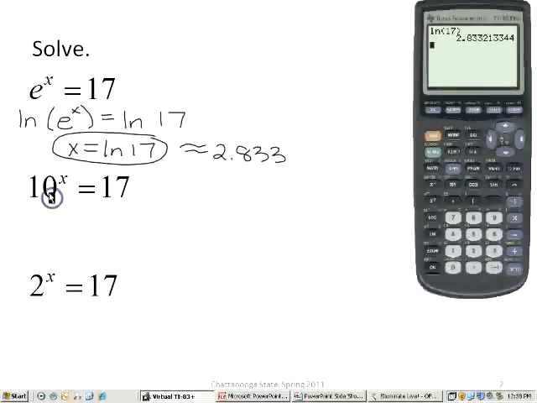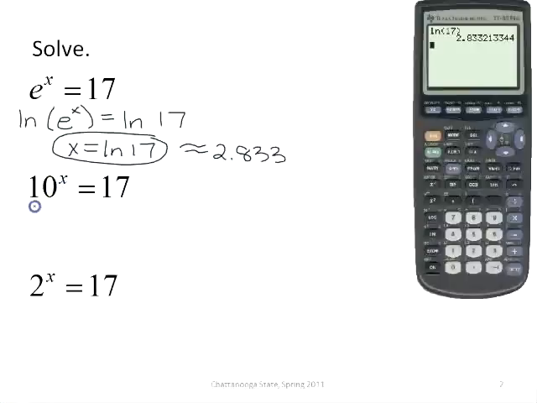So now let's look at the next problem. This is 10 to the x power equals 17. Well, here I wouldn't want to use a natural log, but I would want to use a log base 10. So I'm going to take the log base 10 of both sides of this equation.